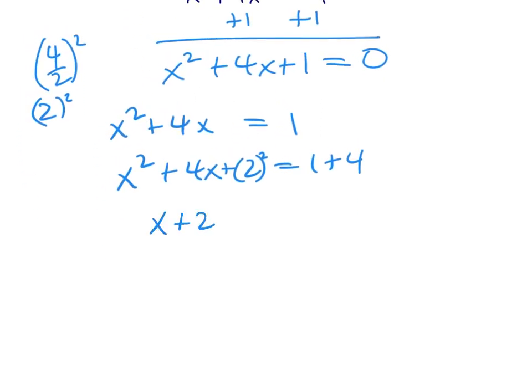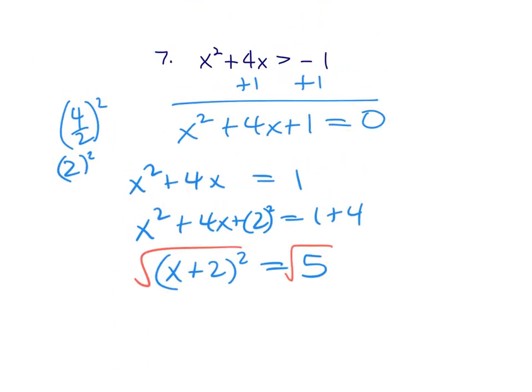So then now I factor this side. So this becomes x plus 2 squared. 1 plus 4 is 5. And now I apply the square root method. So now I would square root, and I did something wrong. It should be a -1. Okay, this is a -1, so that's a 3.